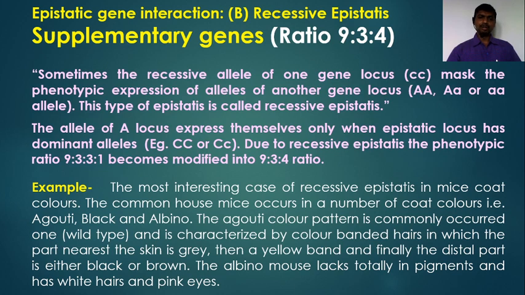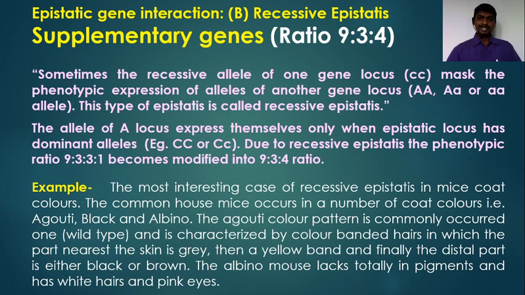The agouti color pattern is the commonly occurring one, so we say it is the wild type, and it is characterized by color banded hairs, in which the part nearest to the skin is grey.